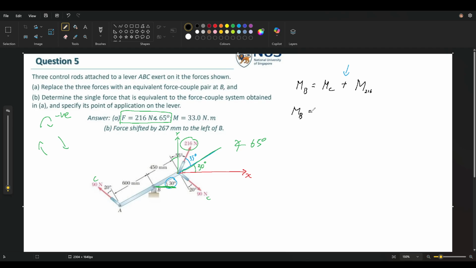D is basically the distance between both couples. In this case, it's 600 plus 450 mm, which is essentially just 1.05 meters. You can leave it in mm, no one's stopping you, but just remember your unit will be Newton times mm, not Newton times meter for your moments. Okay, then plus.